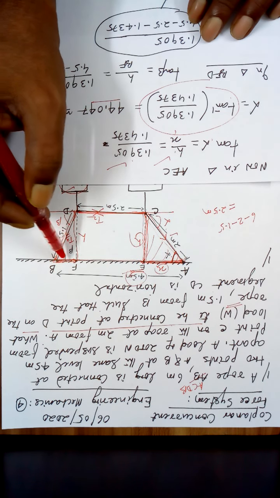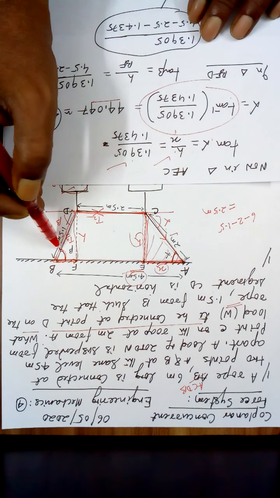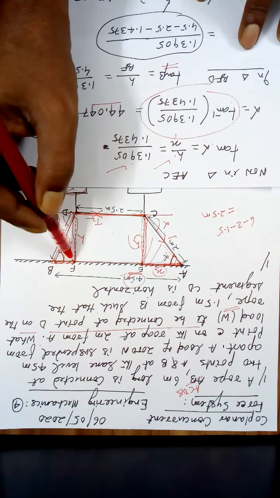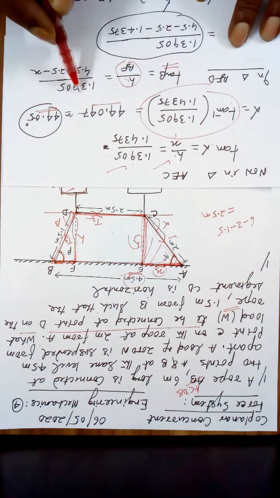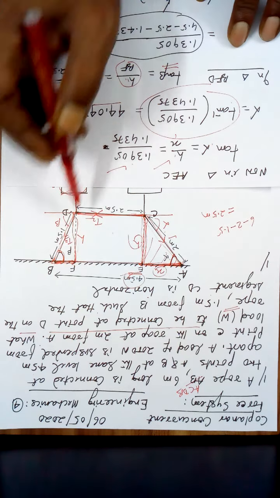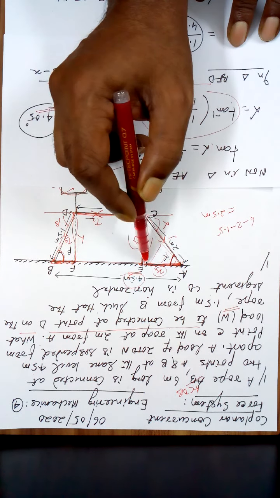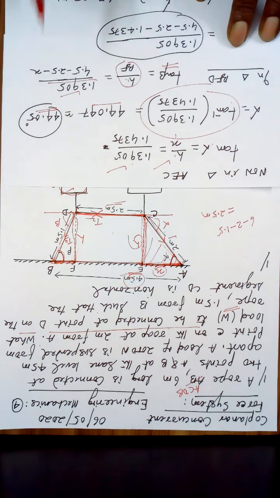Again look at the triangle FBD. Tan beta is equal to this, h over BF. h we have found out. BF was equal to total 4.5 minus x minus this thing. This thing is the same thing as 2.5.